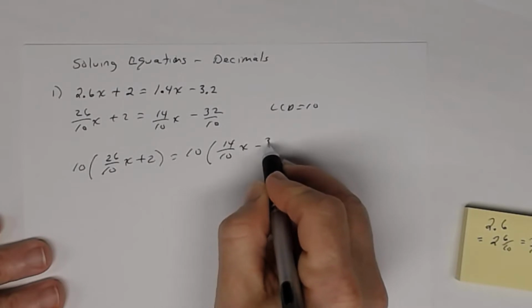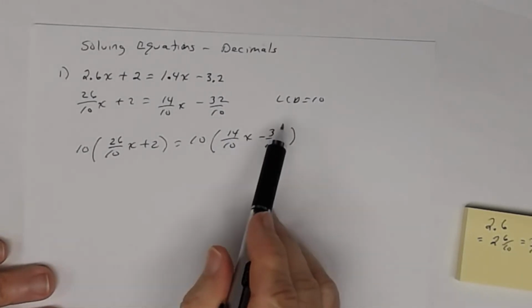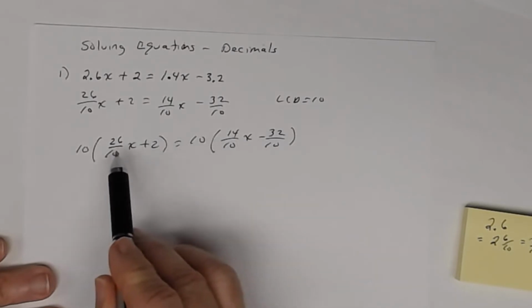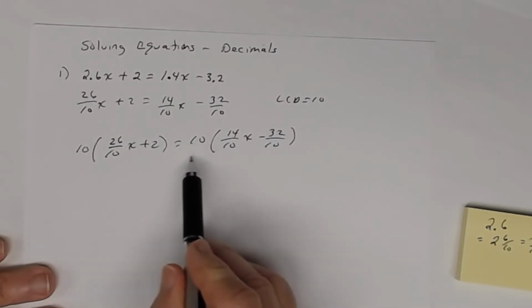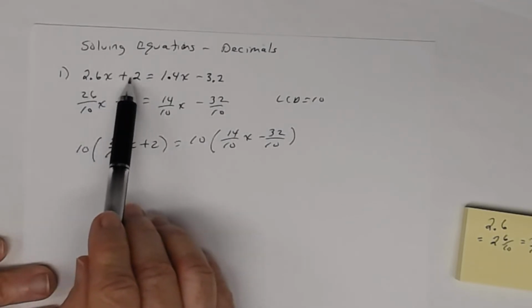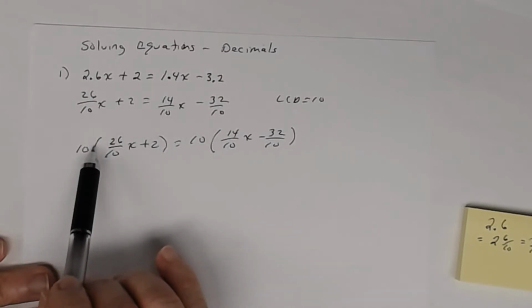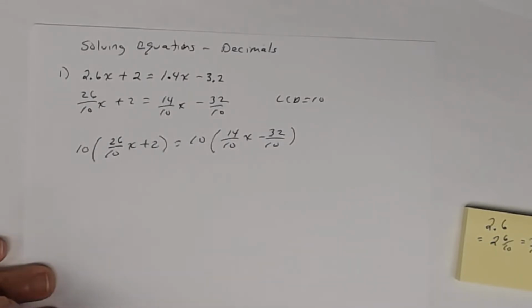Now remember, from the previous lesson, the purpose of multiplying both sides by the least common denominator is to clear those fractions. All right, so remember what we did at this point. We changed all of these decimals to fractions, and then we're going to multiply both sides by the least common denominator.